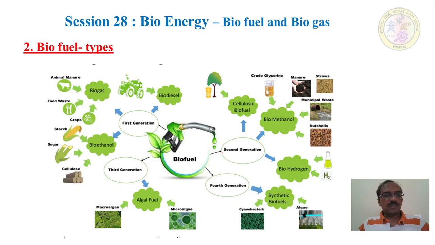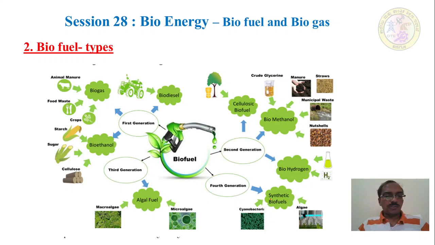Now in the second generation, cellulosic biofuel is used. We talked about bioethanol, now it is biomethanol. And we are also going to have something called biohydrogen, which will be used in a number of applications. In the third generation, the maximum research is going on microalgae, by using which I can produce biofuels that can be blended with fossil fuels.